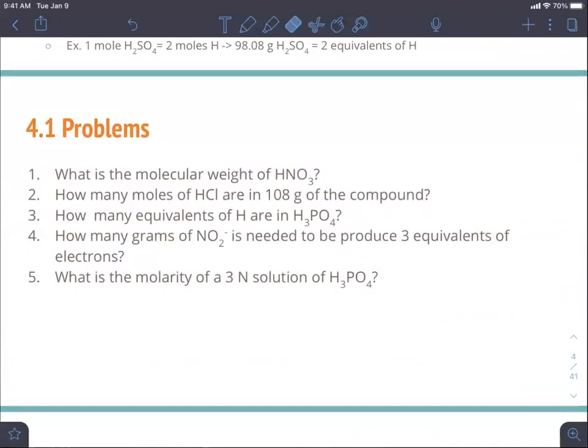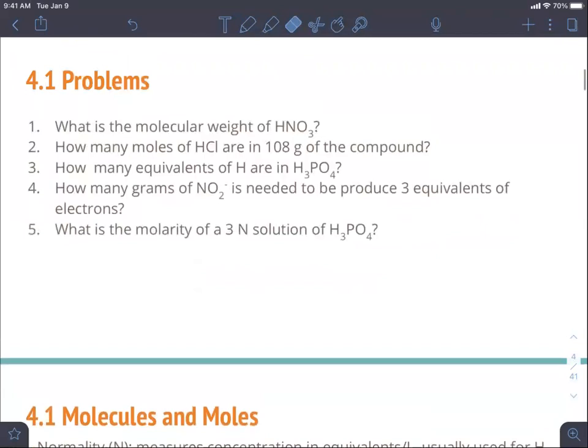But you should have enough information to figure these out, just based on the concepts that we learned. Okay, I guess I'll go on to the answers now.